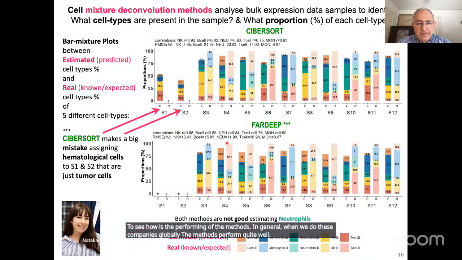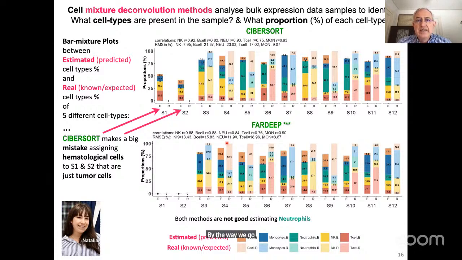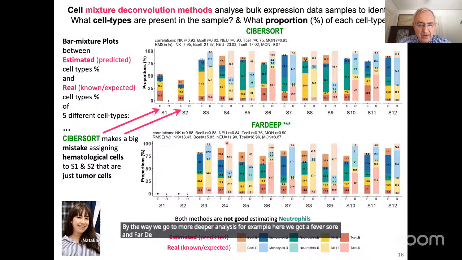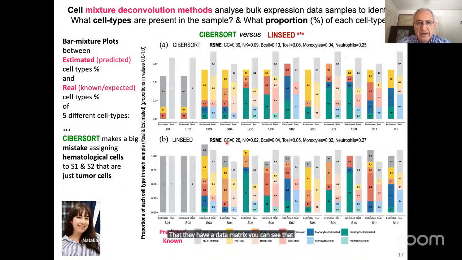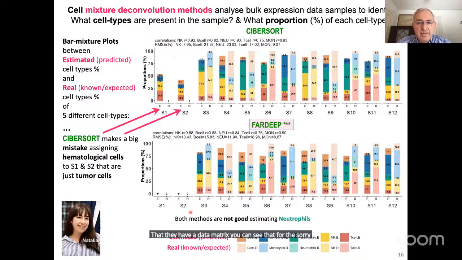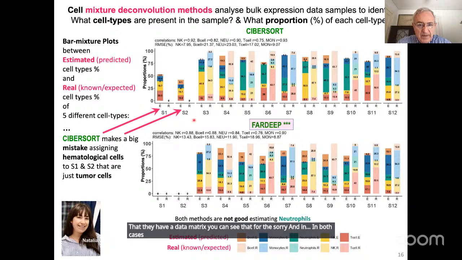But when we go to a deeper analysis, for example here we have CIBERSORT and FARDEEP, the two supervised methods that have a data matrix. Here we are estimating these 5 different cell types in each one of the samples. Each one of the samples, and here is the predicted value in dark colors, and in paler colors is the known value.